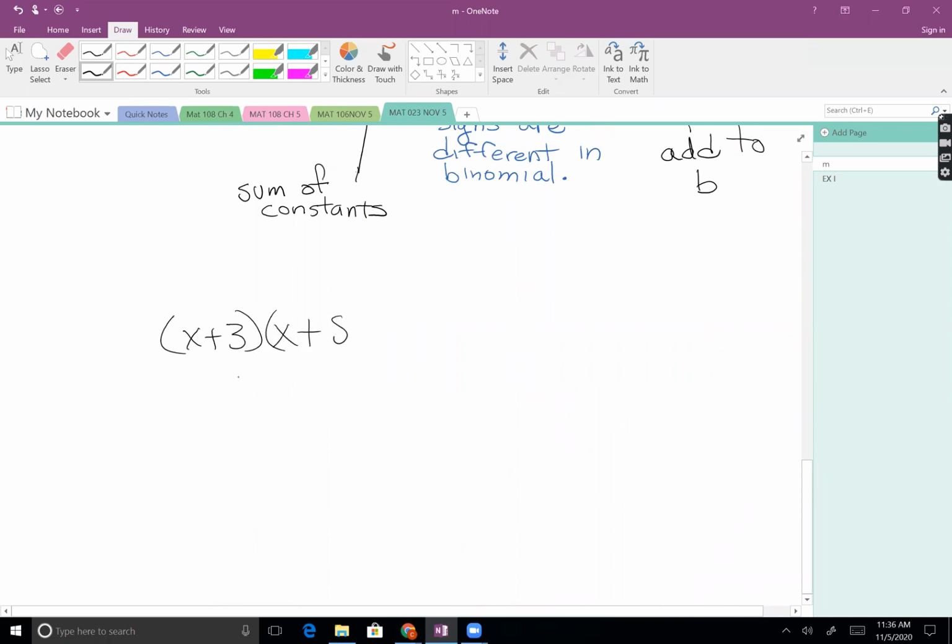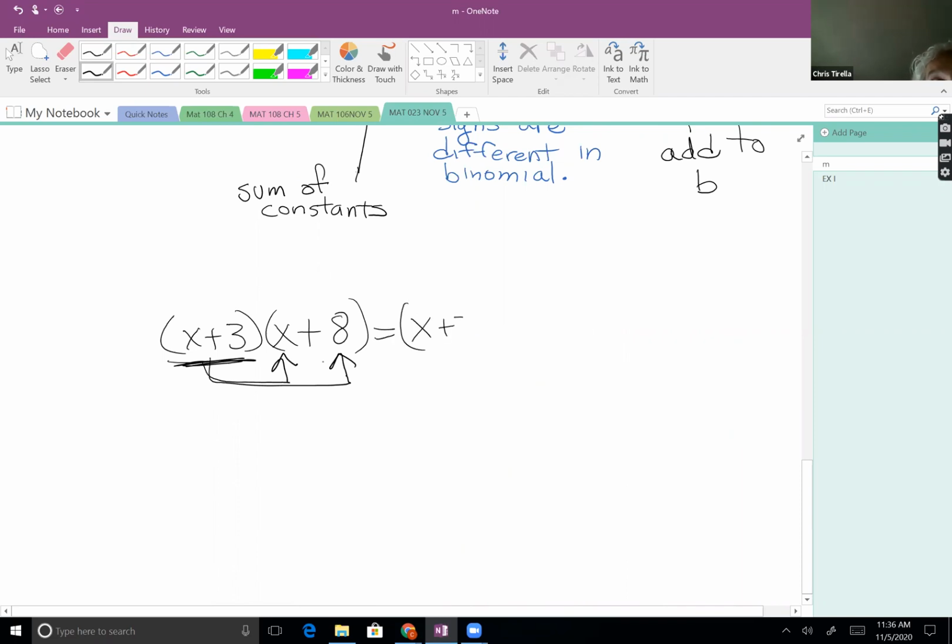Sorry to go backwards. We're going to do this two ways, and you're going to see that they both give us the same results. I can think of taking the x plus 3 and distributing it over the other binomial. And so that would give me first the x plus 3 times the x, plus then it would be the x plus 3 times the 8. Does that make sense?